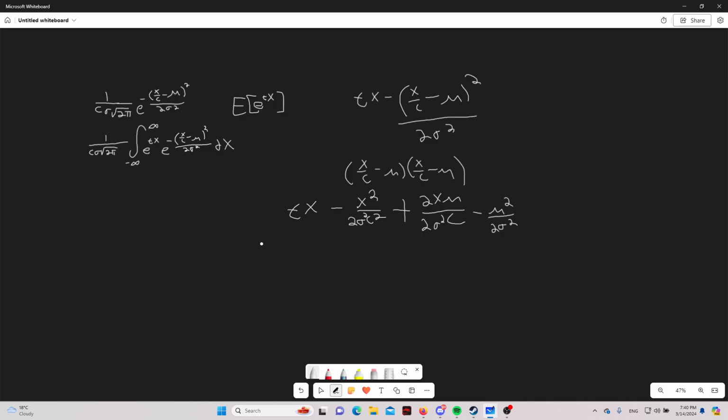And again, keep in mind that all of this is basically raised to e, and so we can take out this portion outside of the integral.